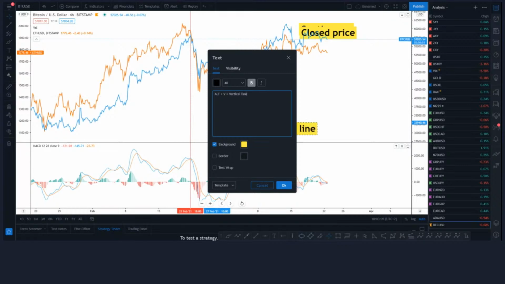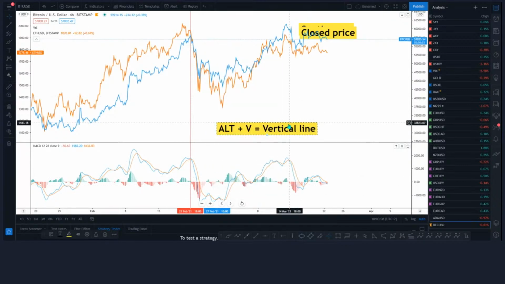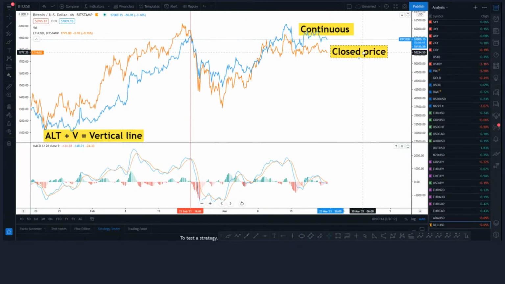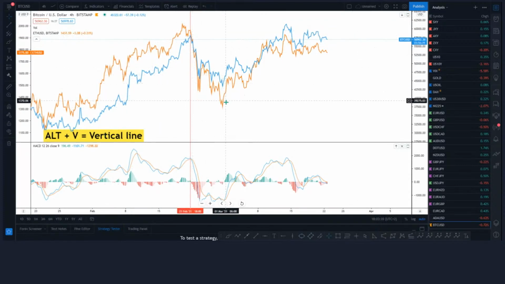So that's Alt plus V, a vertical line in TradingView. I'm just going to remove this stuff from the old one. Here and there, because in the MACD it also starts going back up.